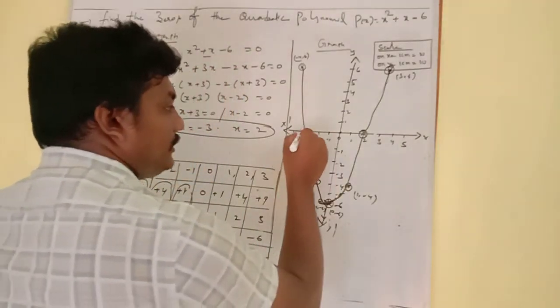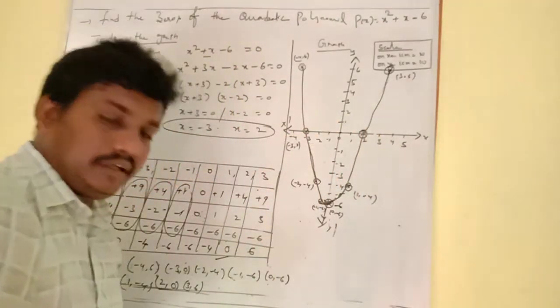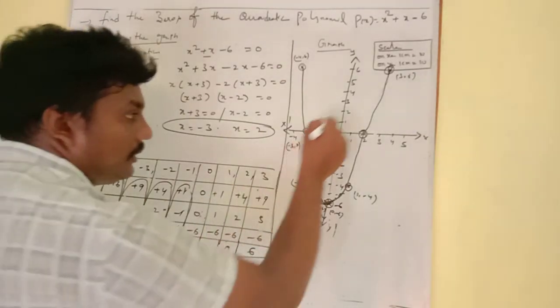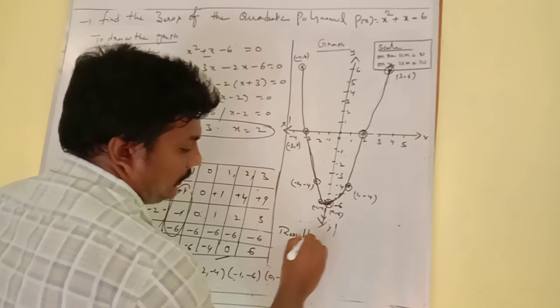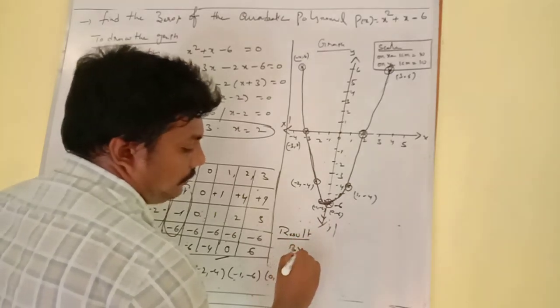Whenever it touches minus 3 and plus 2 on the x-axis. By observing the graph, we write the conclusions or results.